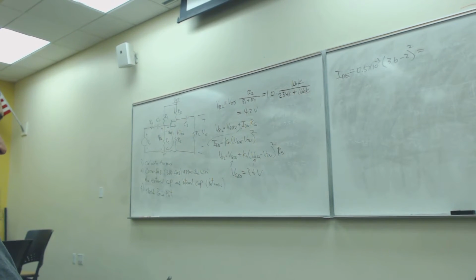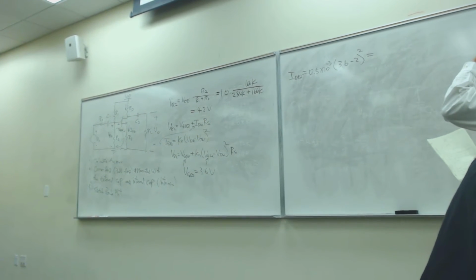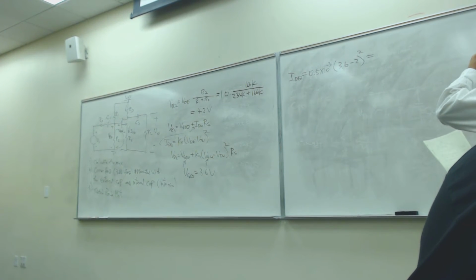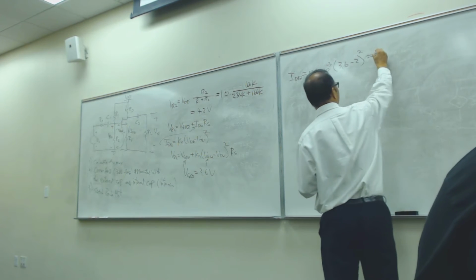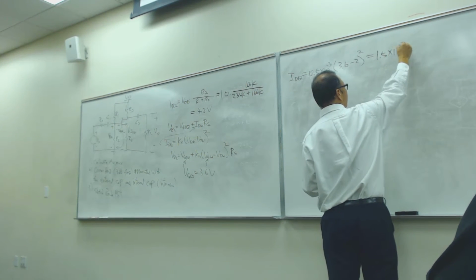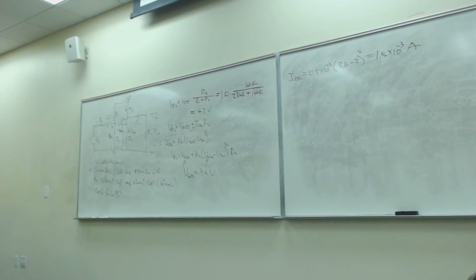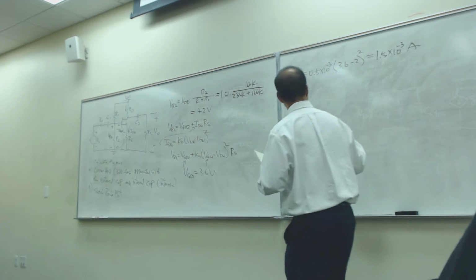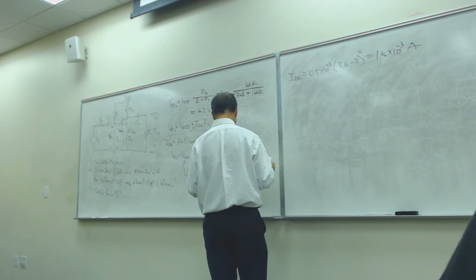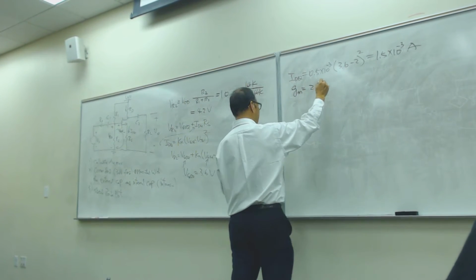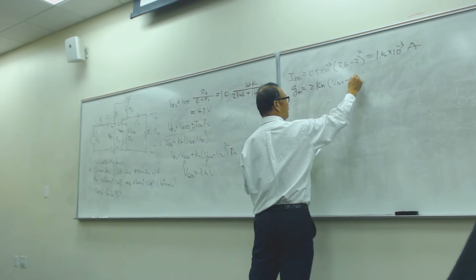So, 1.6 square, yes? Instead of 3, 1.5? And then from here you can find g sub m is 2Kn times (VGS minus VTN).